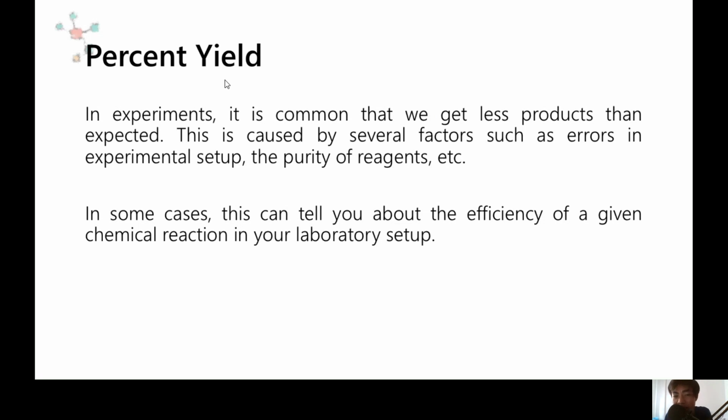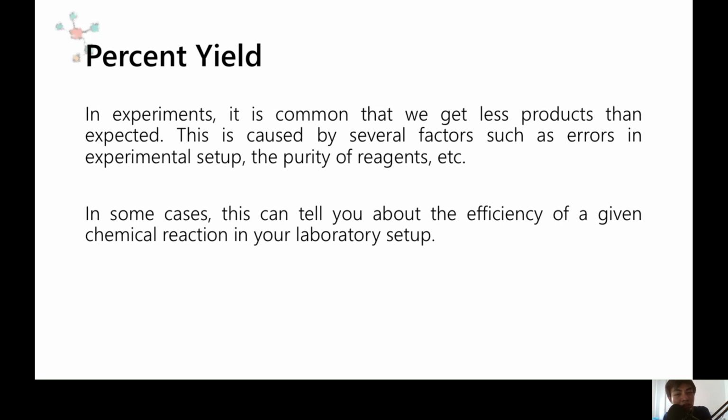When you say yield, yun yung dami ng products na makukuha, no? Okay? So, in some cases, this can tell you about the efficiency of a given chemical reaction in your laboratory setup. So, for example, you are going to extract one chemical substance from a sample. Kunwari, liver. Gusto mo kunin yung few nutrients from the liver.